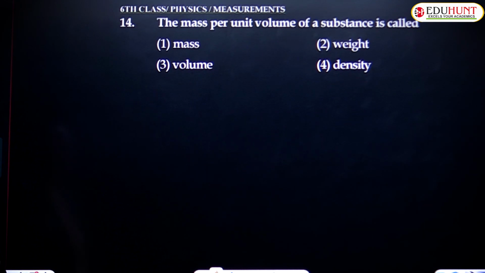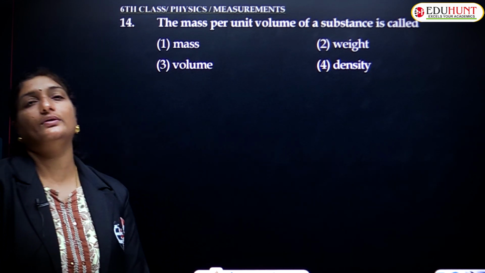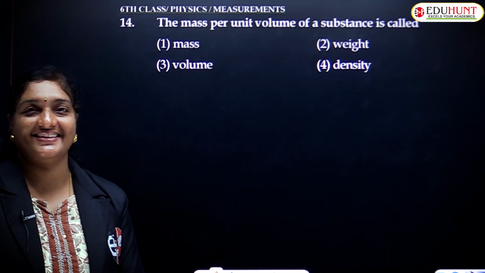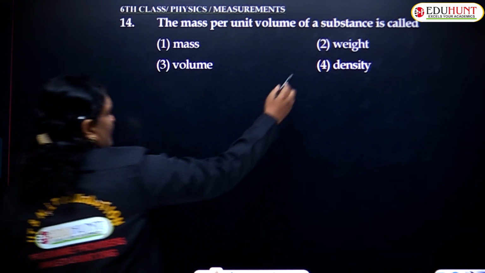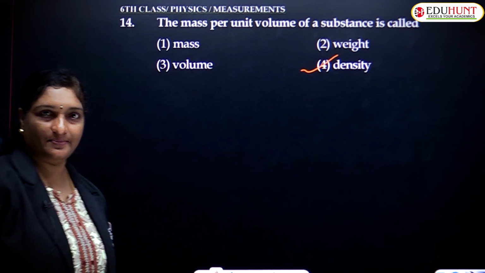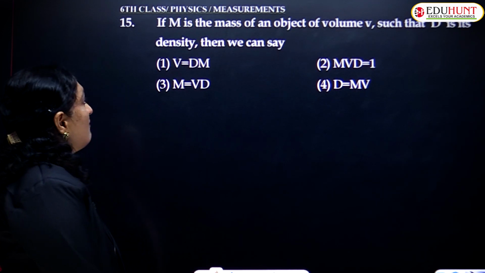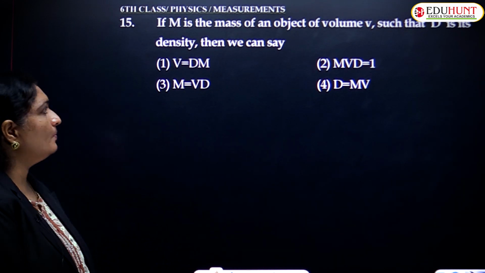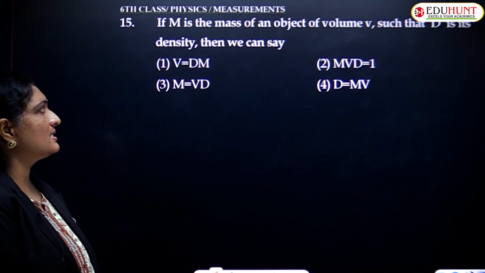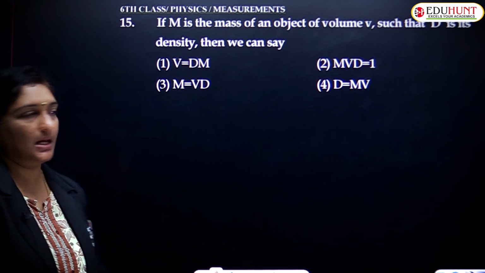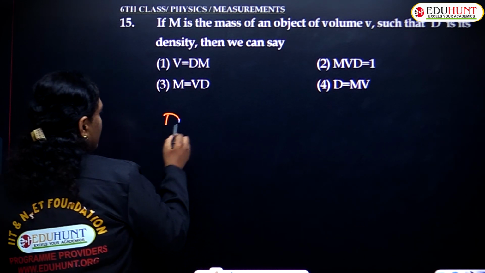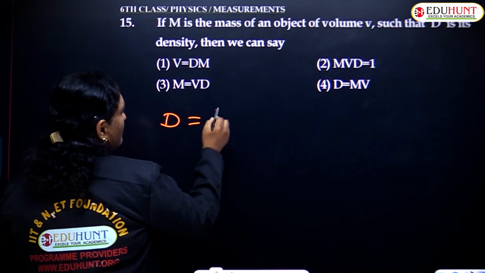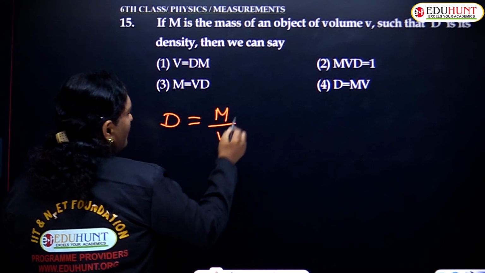Next, the mass per unit volume of a substance is called density. Yes. Okay, this is your right answer. If m is the mass of an object, v is the volume, such that d is its density, what can we say? Symbolically, density d equals m mass by v volume.